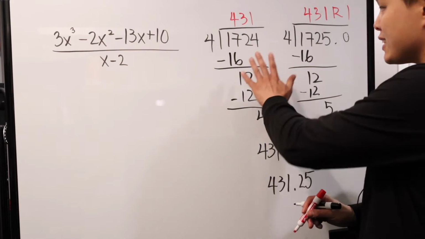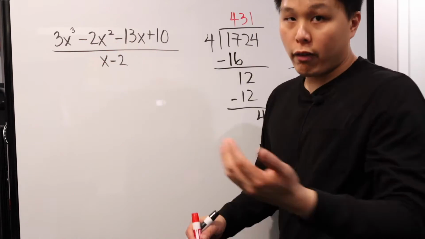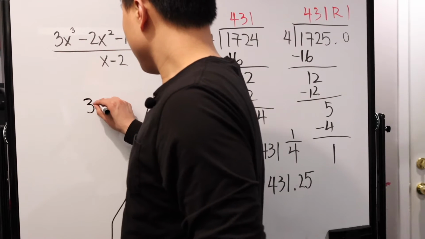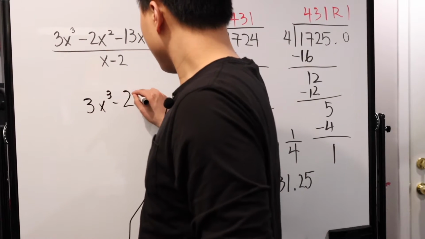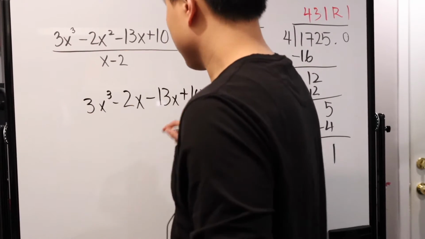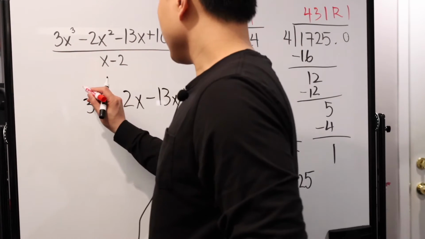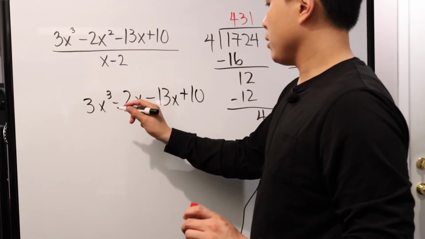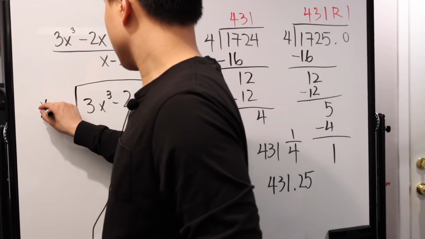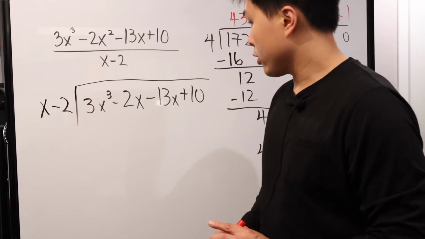I'm going to do exactly this, except for now we have variables, which is scary, but not bad. Let's rewrite this: 3x cubed minus 2x squared minus 13x plus 10. Okay, now we're dividing, so once again, at the bottom, you're going to draw this whole thing right here, and we're going to have x minus 2. All right, cool.